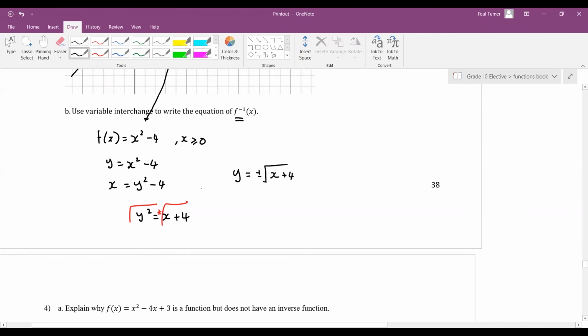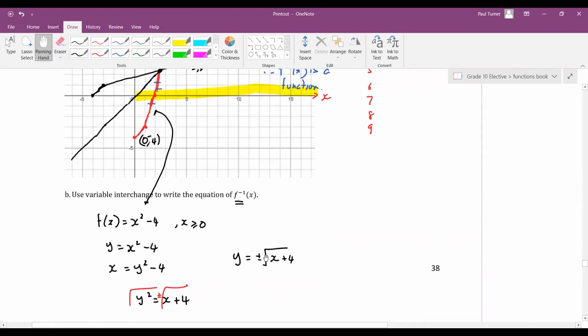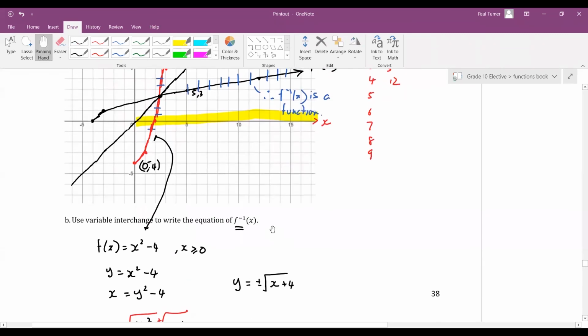Okay, so, but your graph has only one part of that, this part here, which is on the positive side. Okay, so as x gets really large, if you put a big number in here, you're going to have a positive y value, aren't you? It's not down here. Okay, so your final answer for your inverse is going to be root x plus 4.